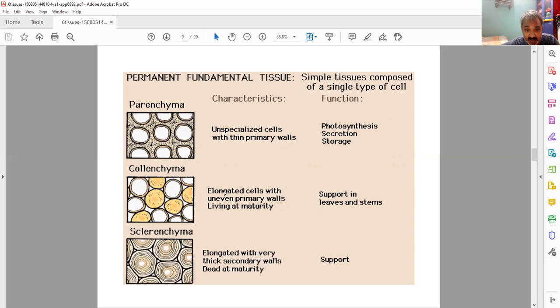Second is collenchyma: elongated cells, given in a tabular structure, supporting leaves and stems, living at maturity, with unevenly thickened primary walls. The third one is sclerenchyma: elongated, very thick secondary walls, dead at maturity. Most of them are dead. In collenchyma all are living, and here it is a mix of dead and live. Everything is in sequence and arranged.